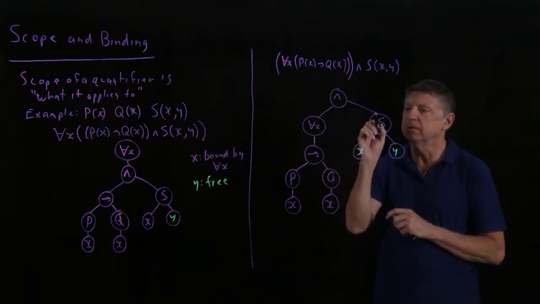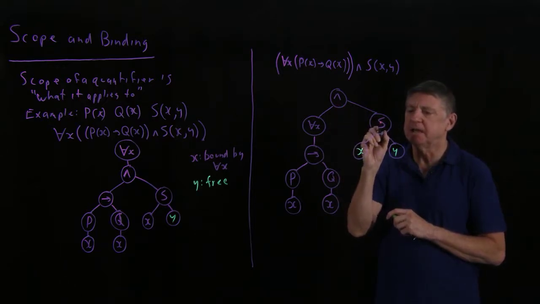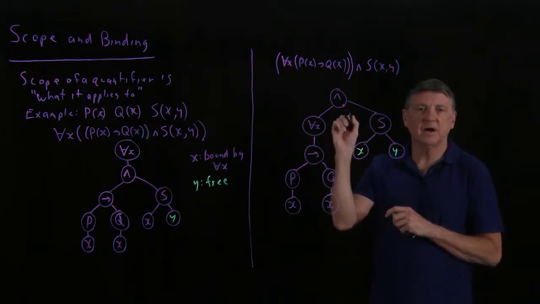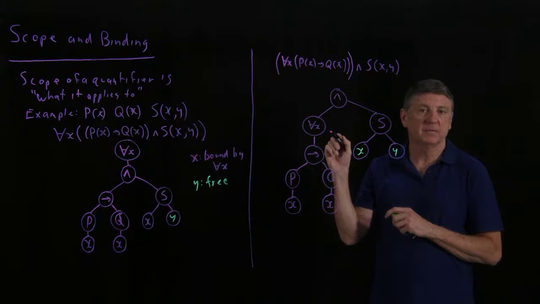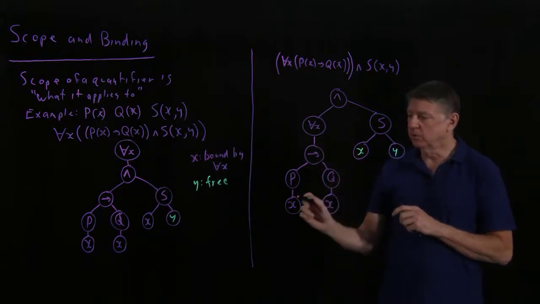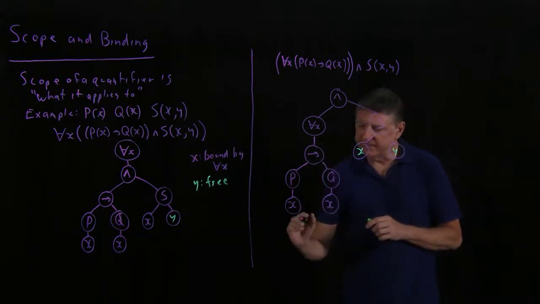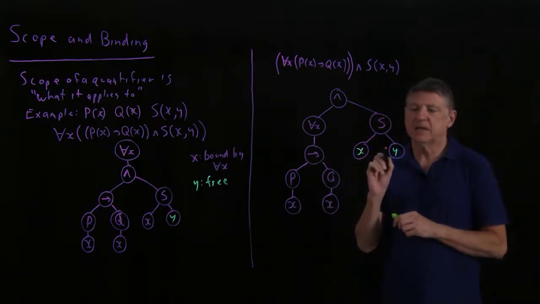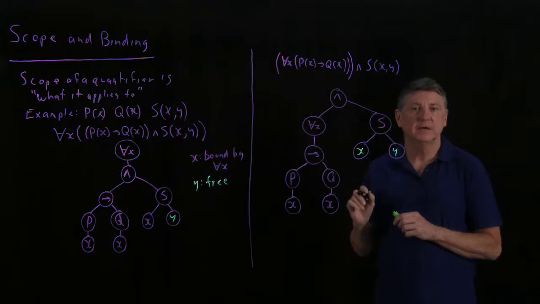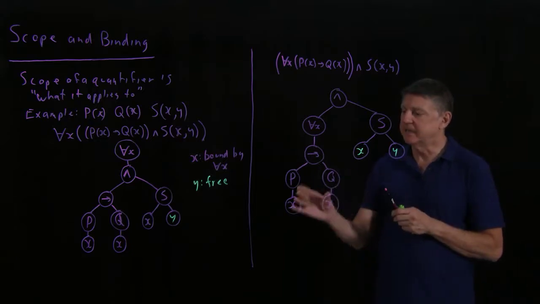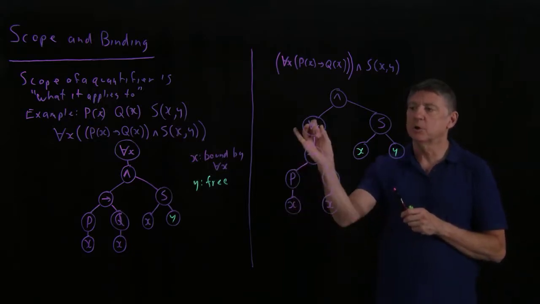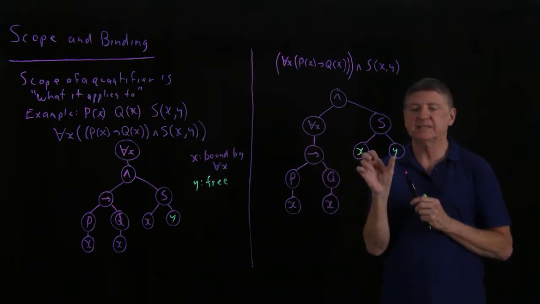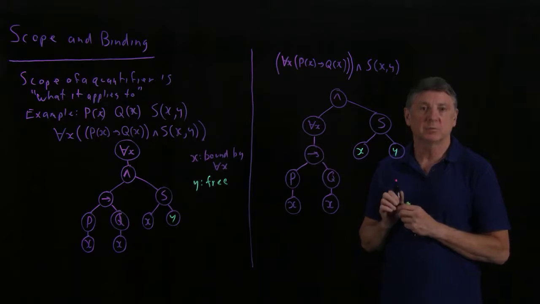Over here, we have this predicate, and neither x nor y appears underneath a quantifier. So we will say that these two x's are bound, and that this x and this y are free. These x's are within the scope of a quantifier, and it is not true that this x and this y are within the scope of a quantifier.